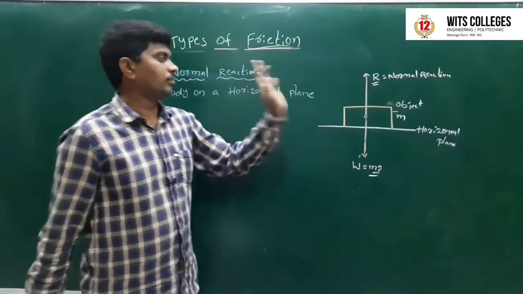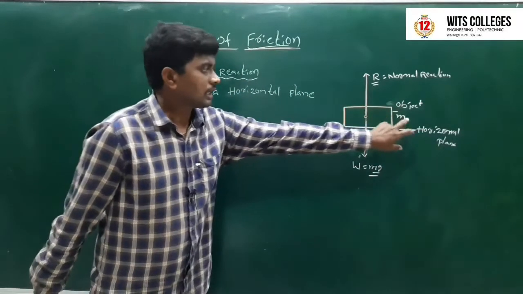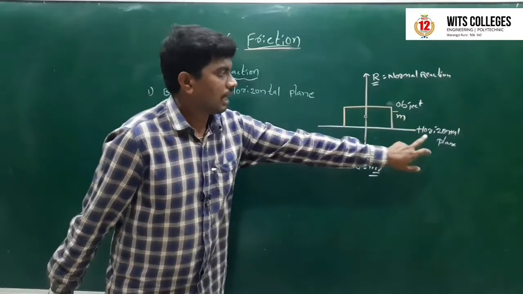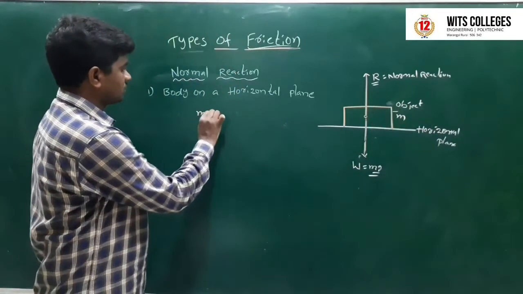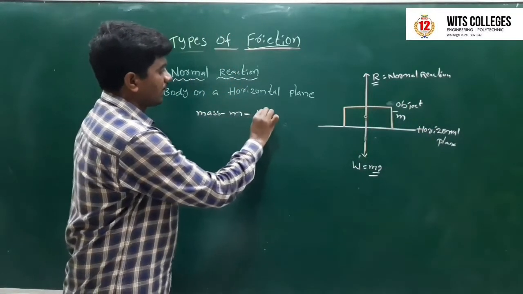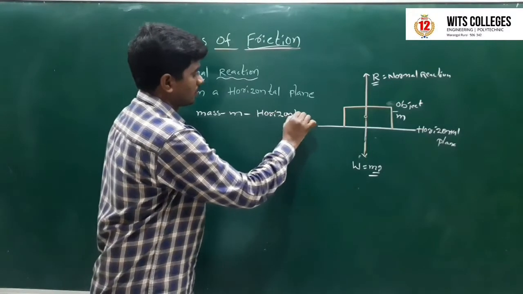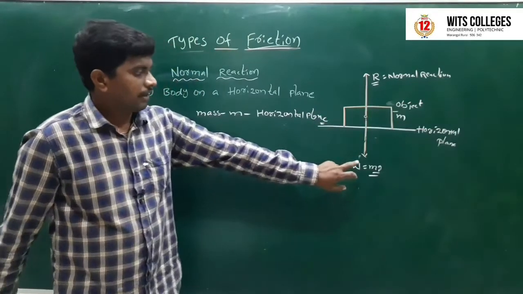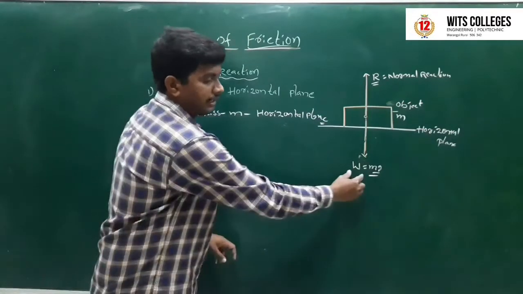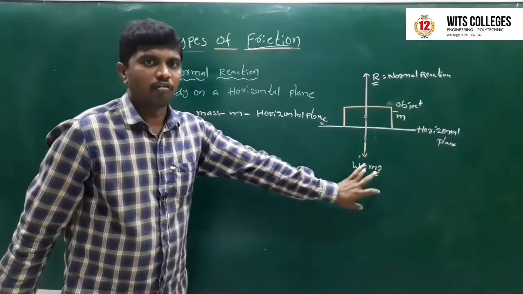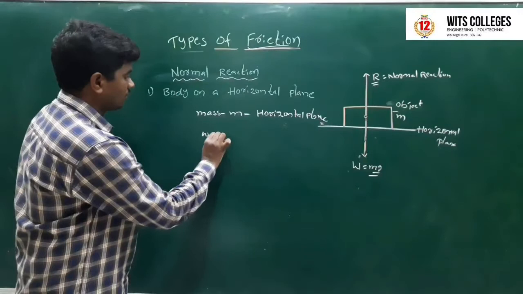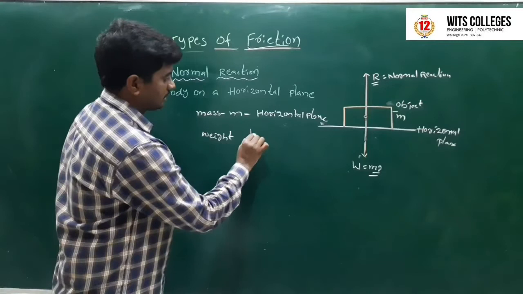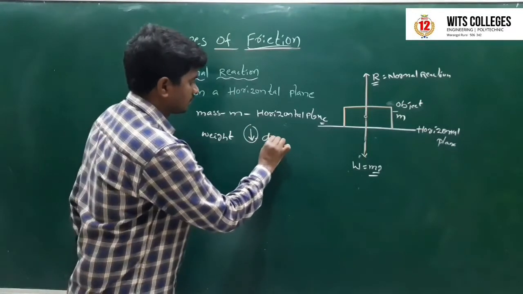Body on a horizontal plane. From the diagram, consider a mass on a horizontal plane. As shown in this figure, the weight of the mass acts in the vertically downward direction.